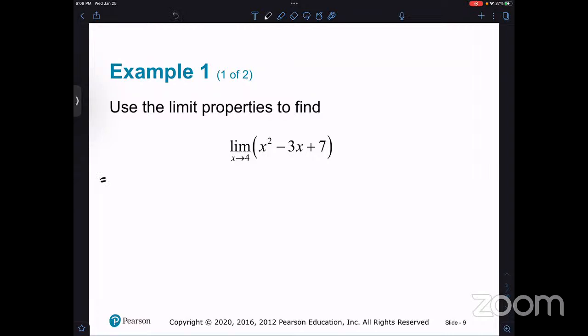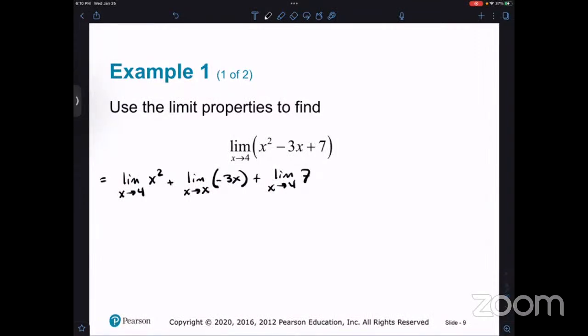This can be rewritten as the limit as x approaches 4 of x squared, plus the limit as x approaches 4 of negative 3x, plus the limit as x approaches 4 of 7. So that was just applying one of the properties.